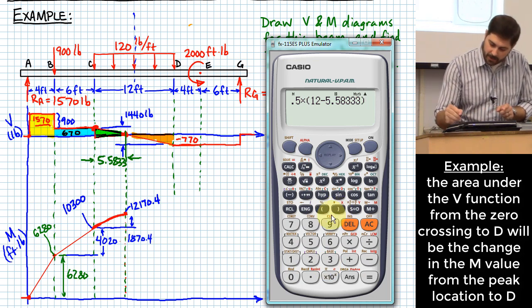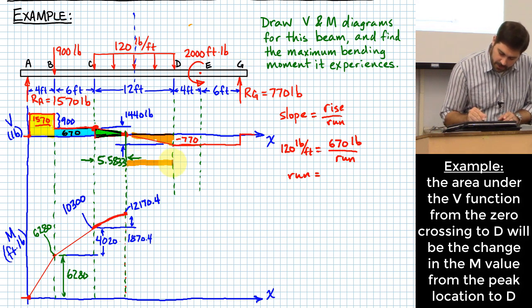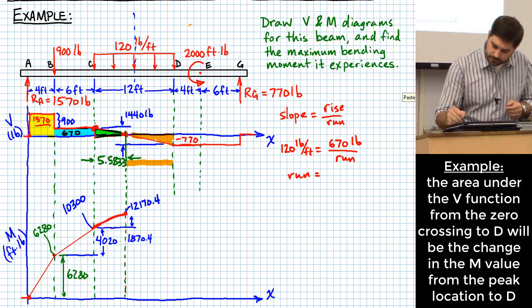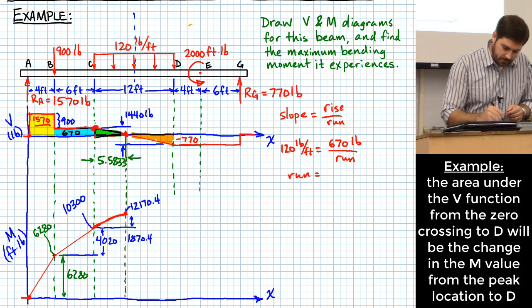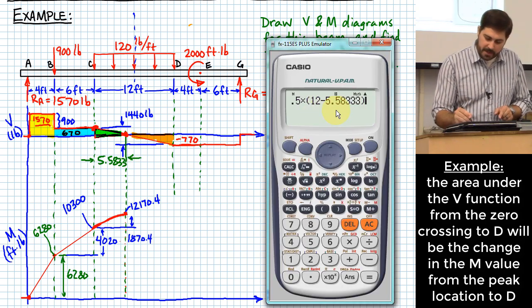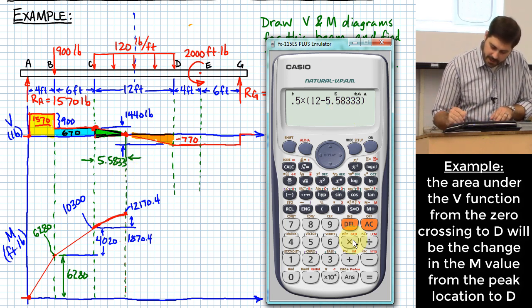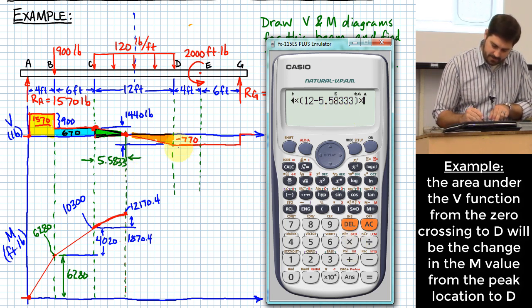We need now this other part, this length over here. So that's what I did there, 12 minus 5.583333, times the height. What's the height? 770, right?